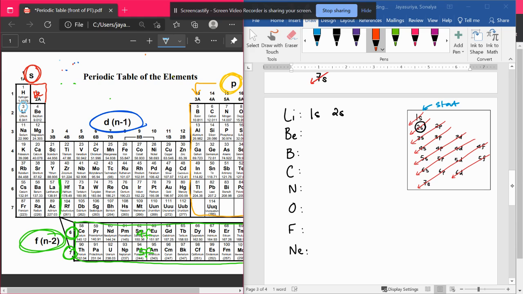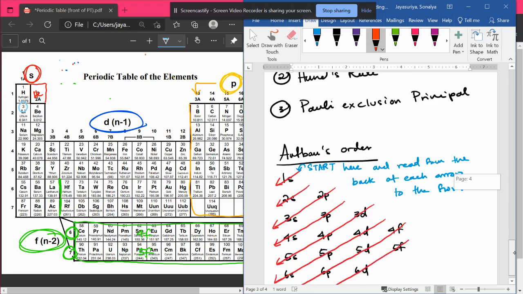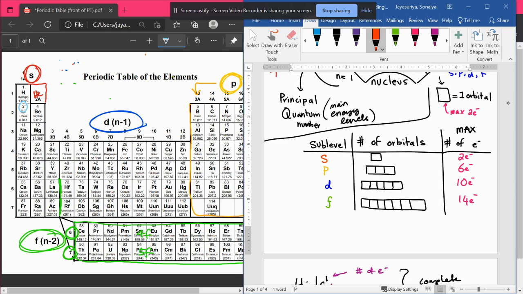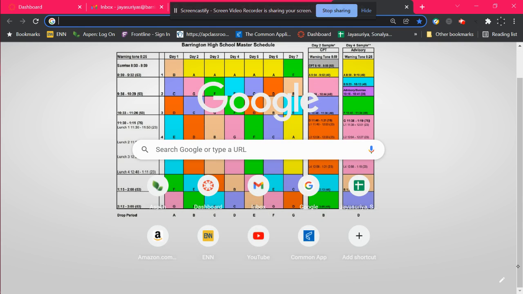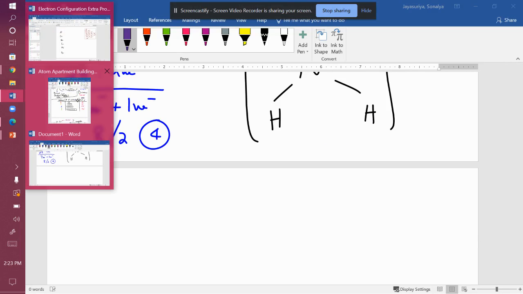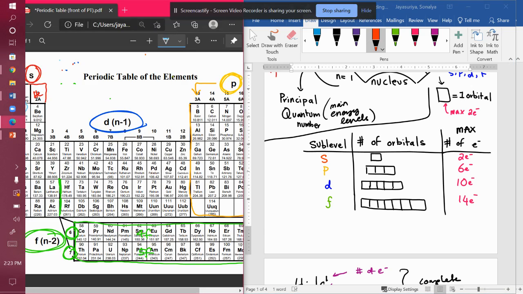An s-type apartment has 1 room, or 1 orbital, and can hold a max of 2 electrons. Remember, in our notes, we had a little table. s can hold a max of 2, p can hold a max of 6, d can hold a max of 10, and f can hold a max of 14. Okay, so that's what I am doing.